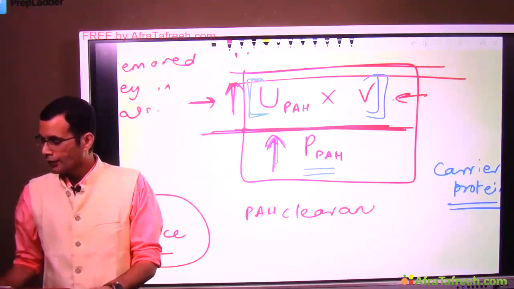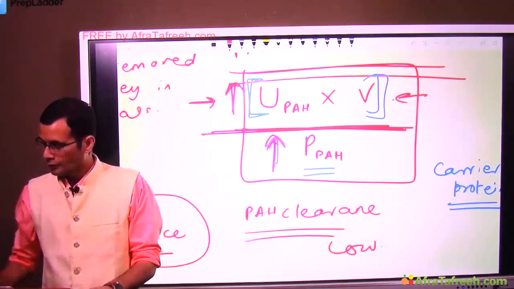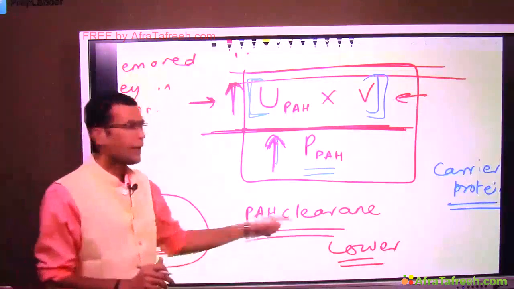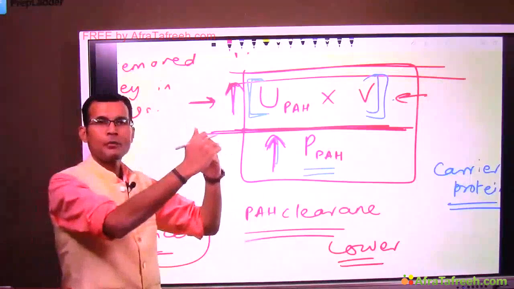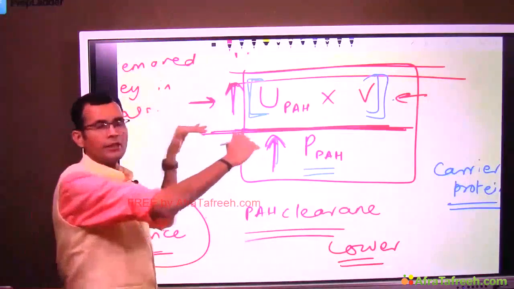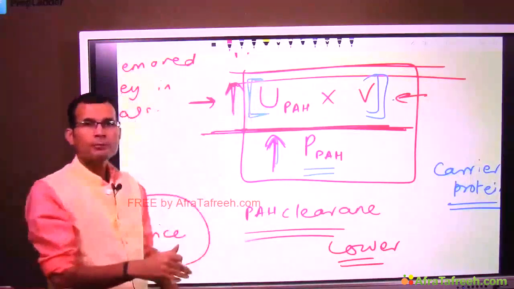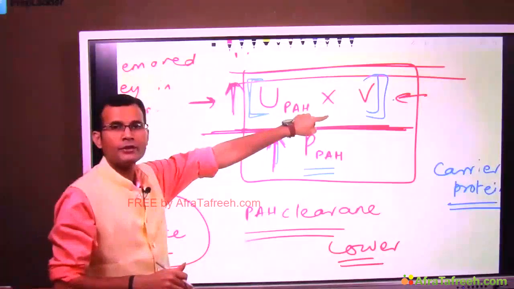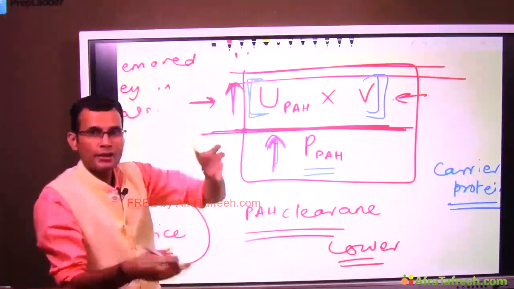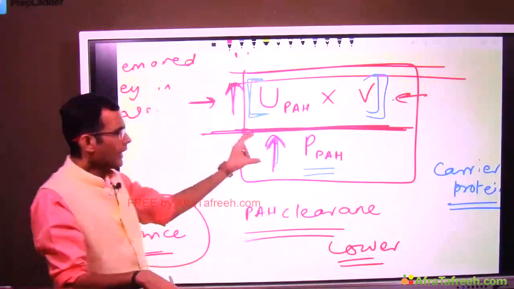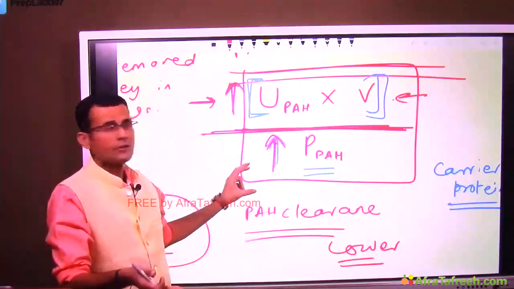PAH clearance will come lower. Why is that? Because the numerator, after reaching a certain point, has become stagnated. It cannot increase any further. PAH excretion rate cannot increase any further. Why? Because the carrier has got saturated and the plasma concentration is increasing.